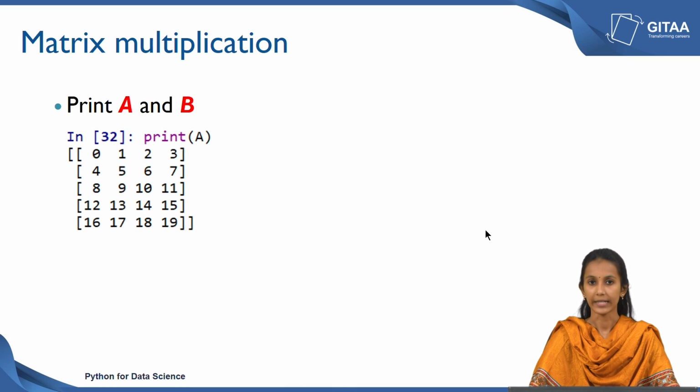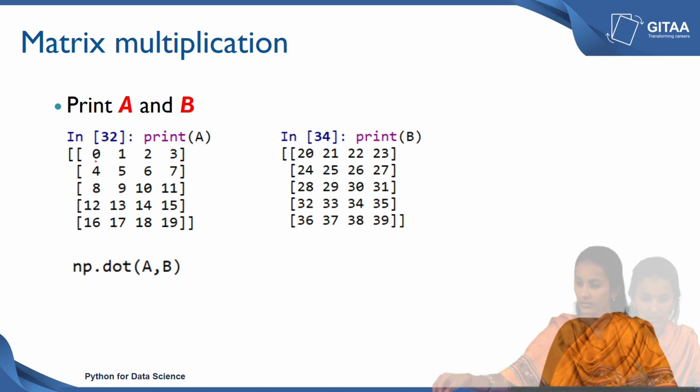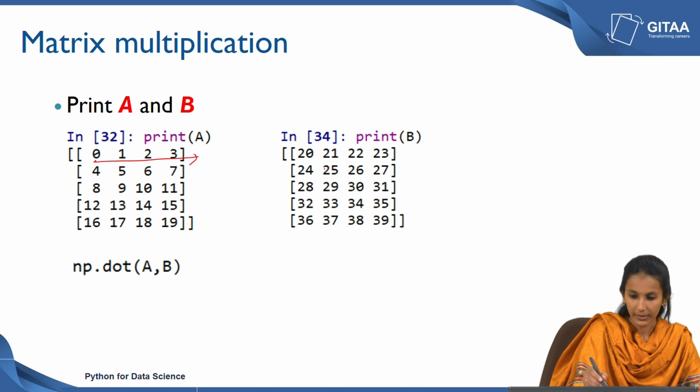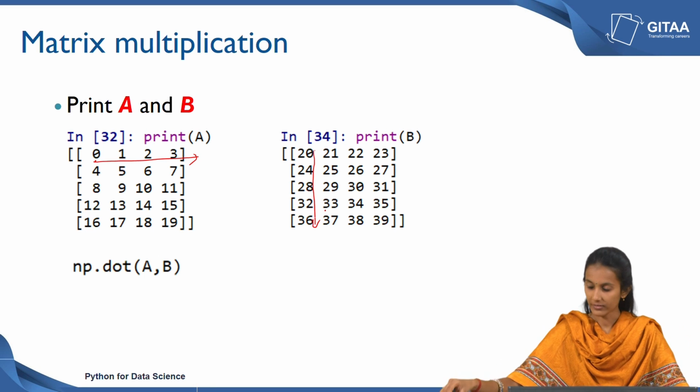This is the A matrix and this is the B matrix. We will use the numpy command for matrix multiplication: np.dot A, B. It does the matrix multiplication. Matrix multiplication means it takes the first matrix row wise and for the B matrix, it takes along the column wise.